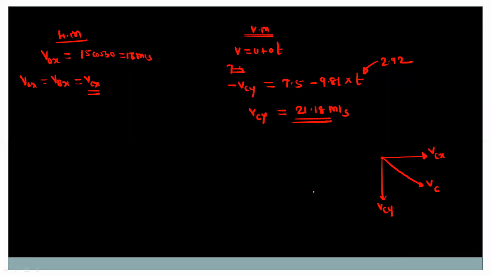So we can get the value of VC, that is the net velocity at point C. So this is equal to the square root of VCY square plus VCX square.